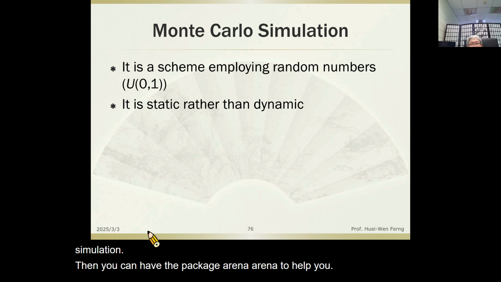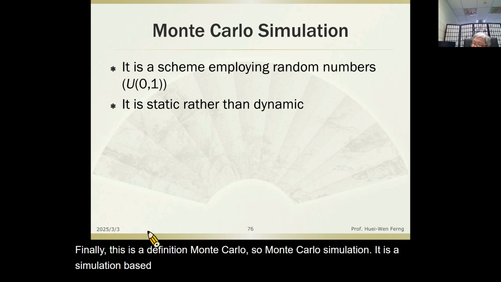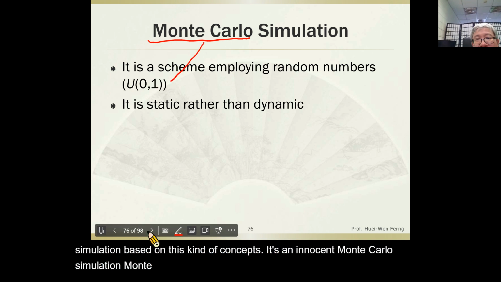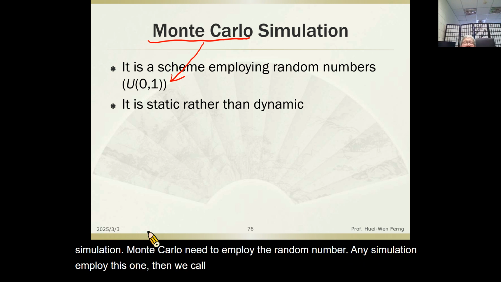Finally, this is a definition: Monte Carlo. Monte Carlo simulation is a simulation based on this kind of concept. Monte Carlo needs to employ random numbers. Any simulation employing this, we call a Monte Carlo simulation.